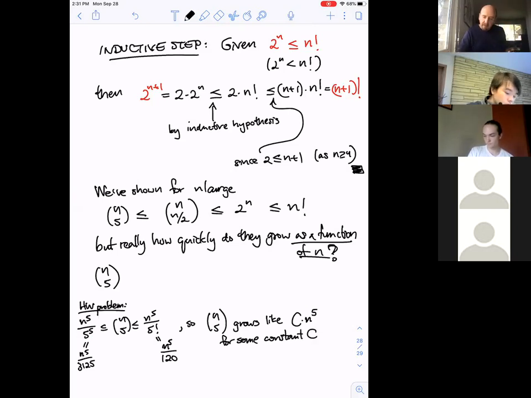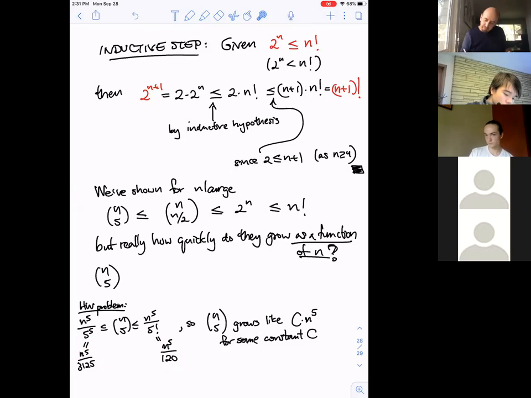And this is showing that it grows greater than or equal to 1 over 3,125 times n to the 5th. This one shows it grows less than or equal to in size 1 over 120 times n to the 5th.